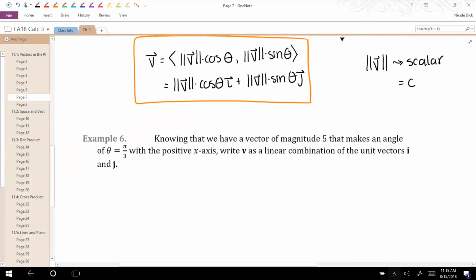All right, you should have all the information you need for number 6 here. So instead of listening to me go through one more problem, you try this one and I'll walk you through the next one. Give that a go. Knowing that we have a vector of magnitude 5 that makes an angle of pi over 3 with the positive x-axis, something we just talked about, write v as a linear combination of unit vectors i and j.